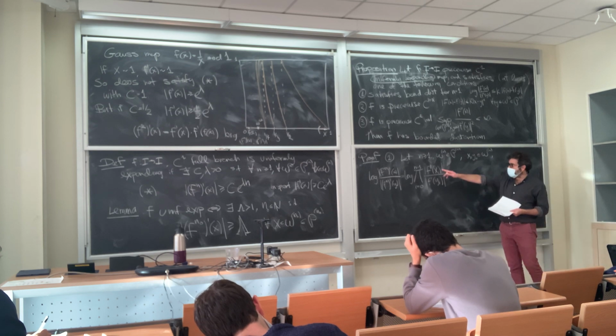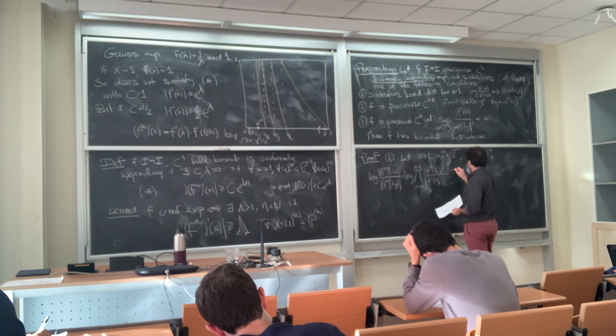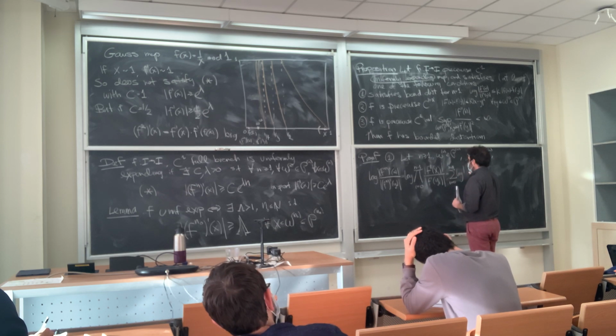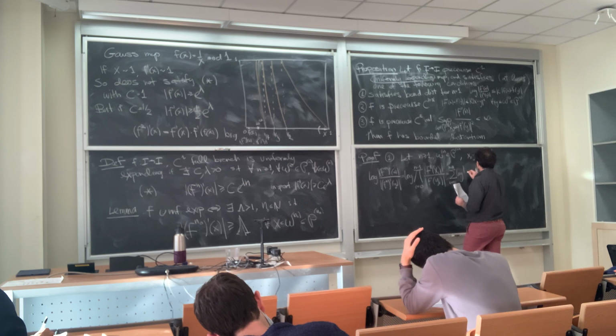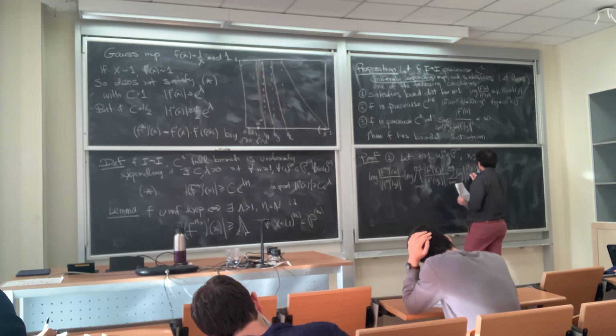Because this is the chain rule, you're just taking the derivative. This is just equal to the sum, i equals 0 to n minus 1, of the log of F prime of xi over F prime of yi.